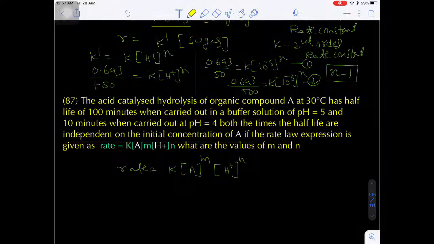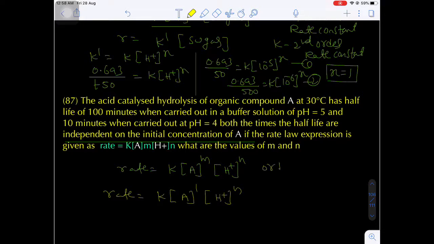Now first of all, I am writing R is equal to K into the concentration of A to the power m and H plus concentration to the power n. Why am I writing the concentration of A to the power 1?